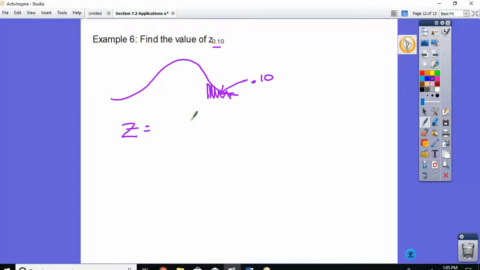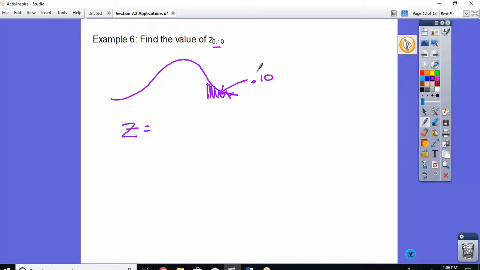So is it 1 minus 0.10 in here? So 0.10 is 0.5398 if you 1 minus that. Except, okay, you're correct on the 1 minus, but this isn't the number on the outside, the 10% is on the inside. So remember, the table gives you the area to the left, right? So if I want to look it up in the table, I have to know the area to the left.